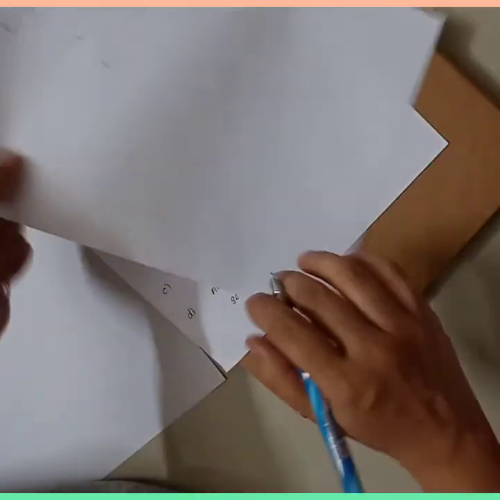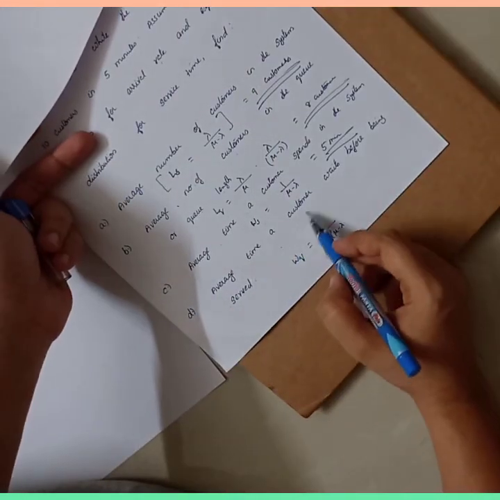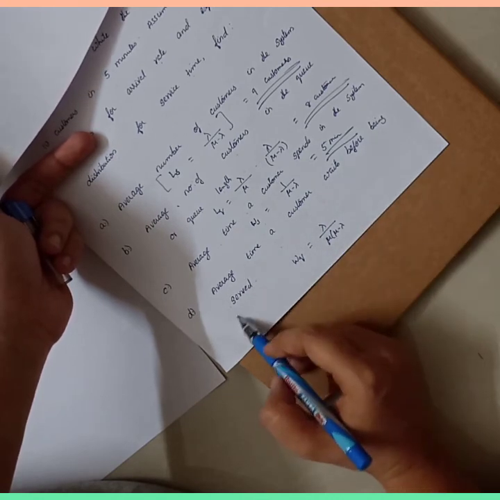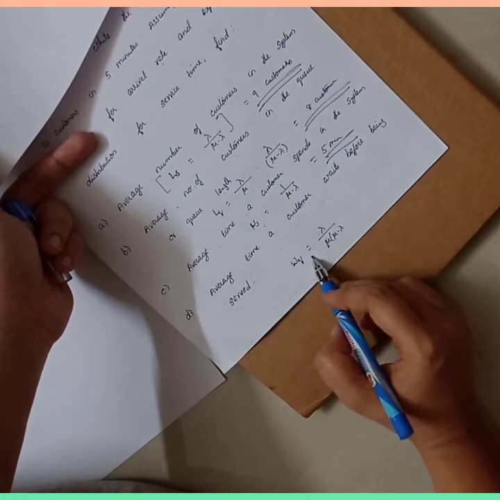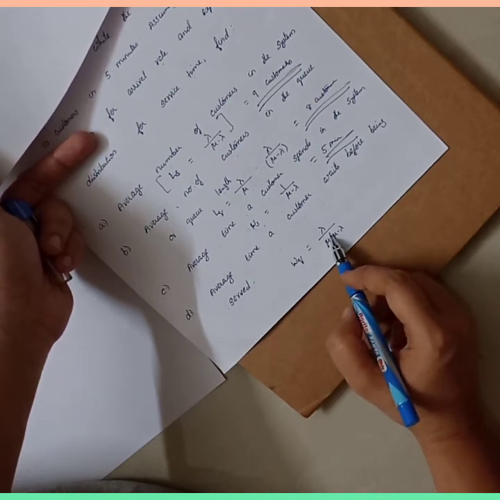Then the last one is average time a customer waits before being served, that is how much he is there in the queue. This is average time spent in the system, and this is average time spent in the queue.